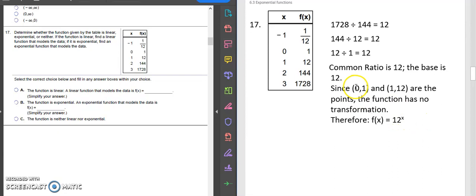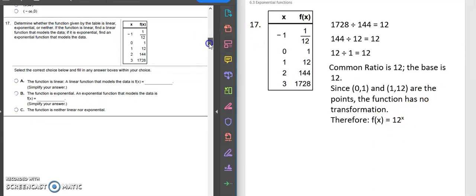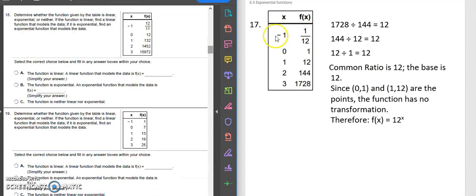So we know that these points are going to be on this graph, and that matches this table. So it is an exponential function. So we would click B. The exponential function that models the data is going to be f of x equals 12 raised to the x power. And then we are moving on to number 18.